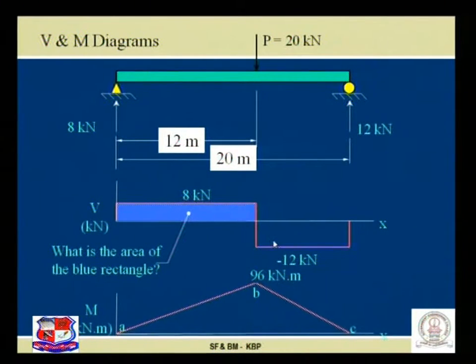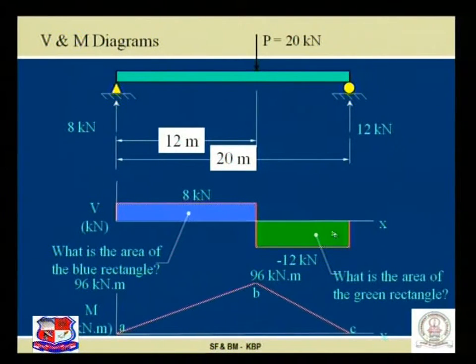Also visualize the area of this rectangle. Please note it down: this vertical ordinate is 12 kilonewton, while this distance is 8 meter. So 12 into 8, 96. So the areas of both the rectangles are the same.